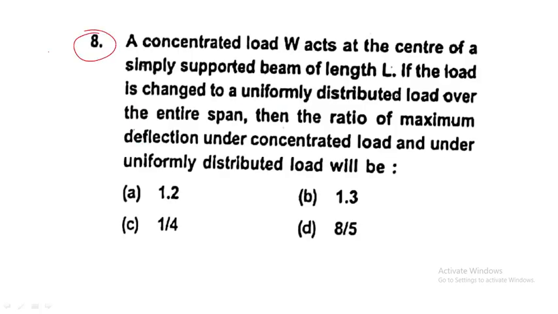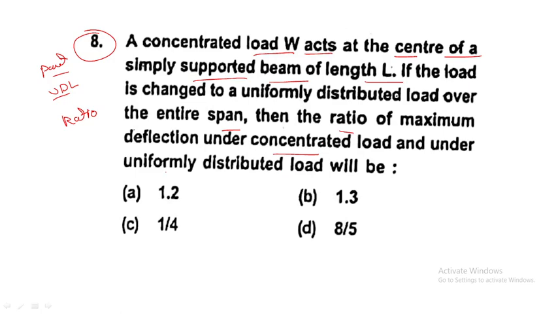Next question. A concentrated load W acts at the center of a simply supported beam of length L. Concentrated load means point load, and if it is changed to uniform load over the entire span, then they are asking the ratio of maximum deflection under concentrated load and under uniformly distributed load.